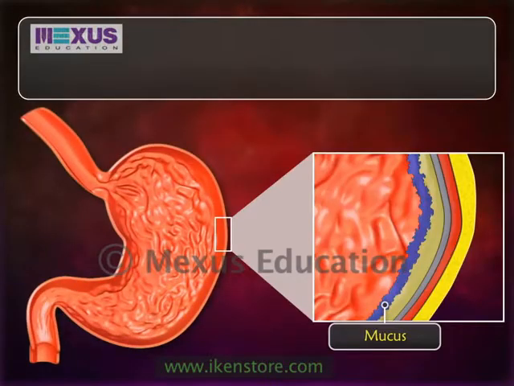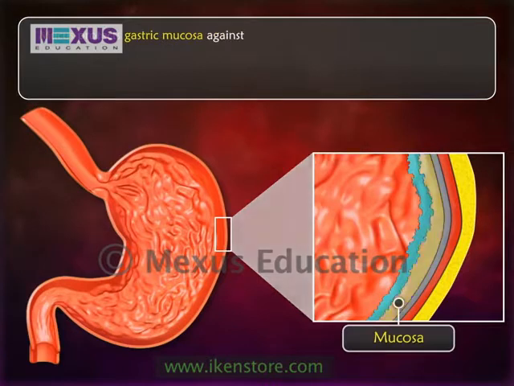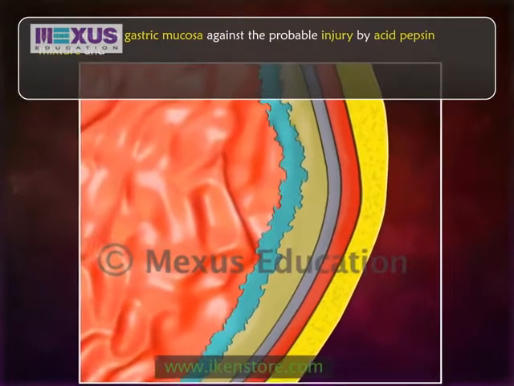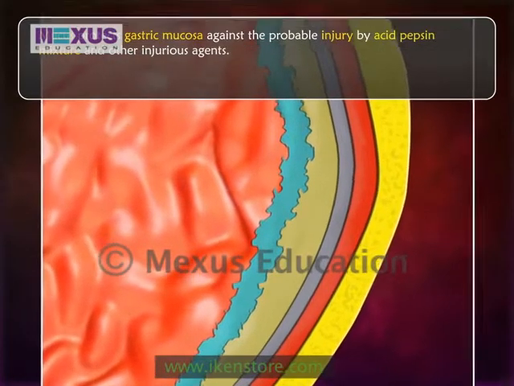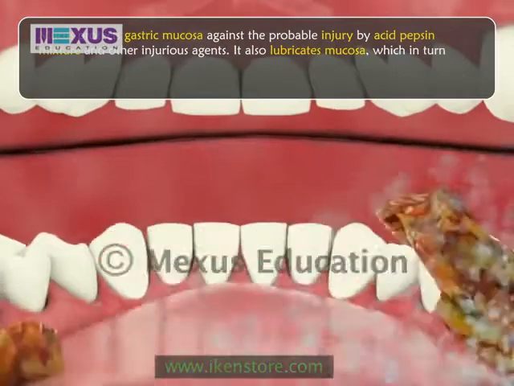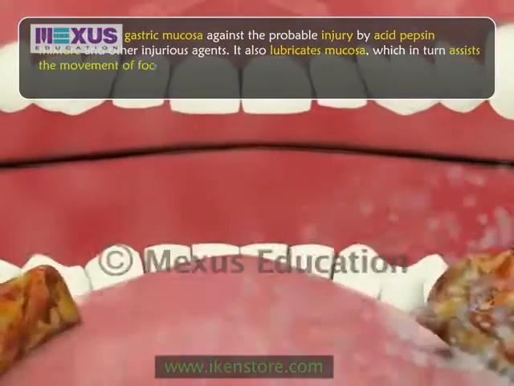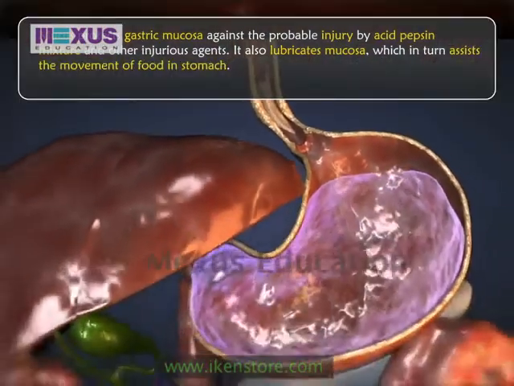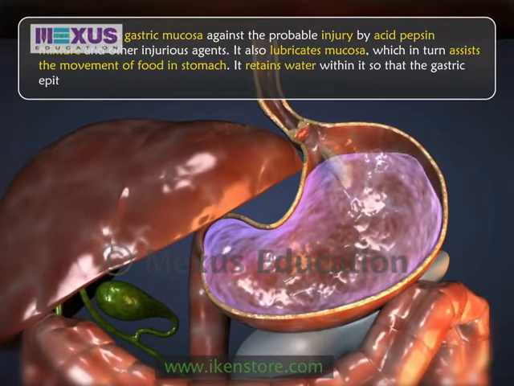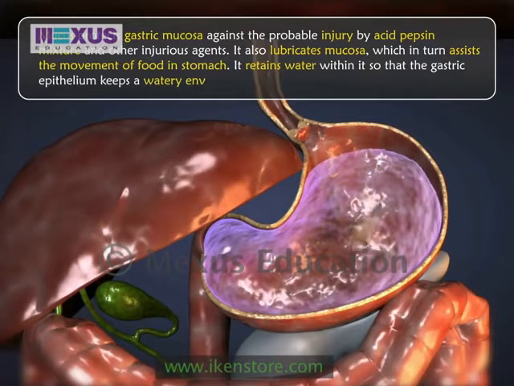Mucus protects gastric mucosa against the probable injury by acid-pepsin mixture and other injurious agents. It also lubricates mucosa, which in turn assists the movement of food in the stomach. It retains water within it so that the gastric epithelium keeps a watery environment.